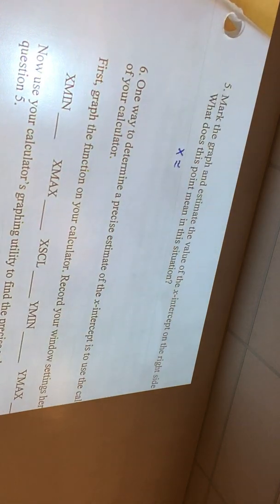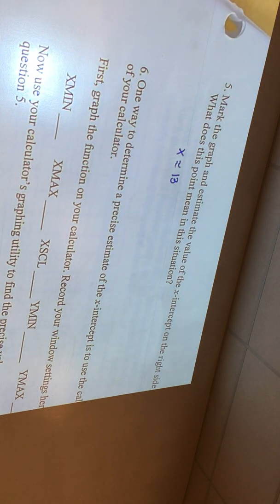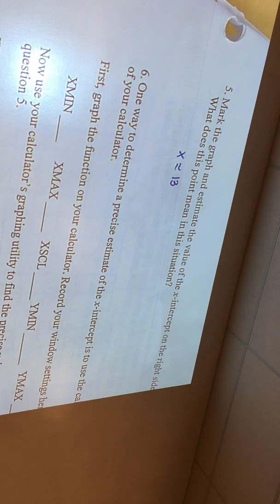All right, okay, so x is about 13.3. And what's the meaning of that one? No problem if you raise it above 13. Yeah, so your revenue will be approximately 0.